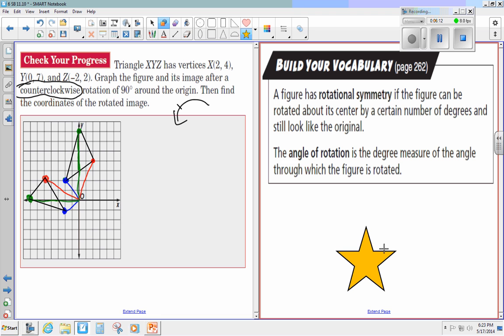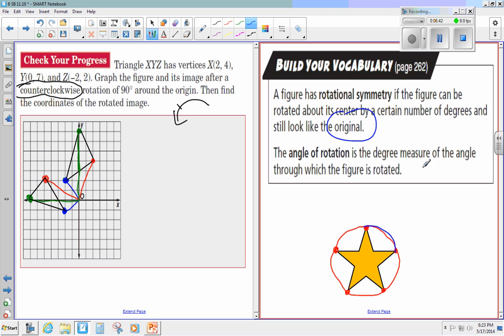Okay, this star has rotational symmetry because this point right here can be rotated to this point, which can be rotated to this point, and so on. And every time that rotation happens, this rotates here, and so on. So you can rotate it around a certain number of degrees, and it still looks like the original.